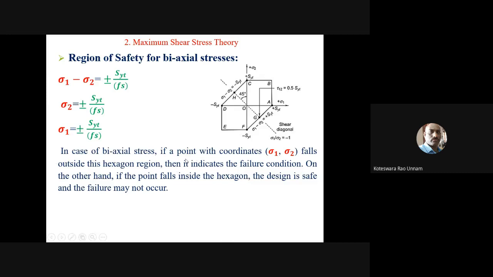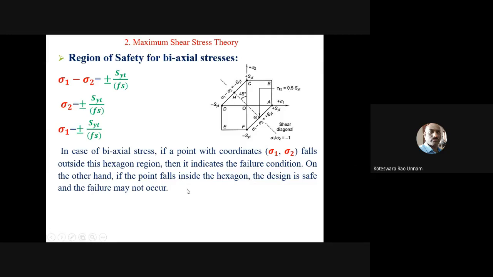In the case of biaxial stress, we plot this curve on the sigma 1, sigma 2 axes. If you plot the point with coordinates sigma 1 and sigma 2 and it falls outside this hexagonal region, then it indicates the failure condition. On the other hand, if the point falls inside the hexagon, the design is safe and failure may not occur.